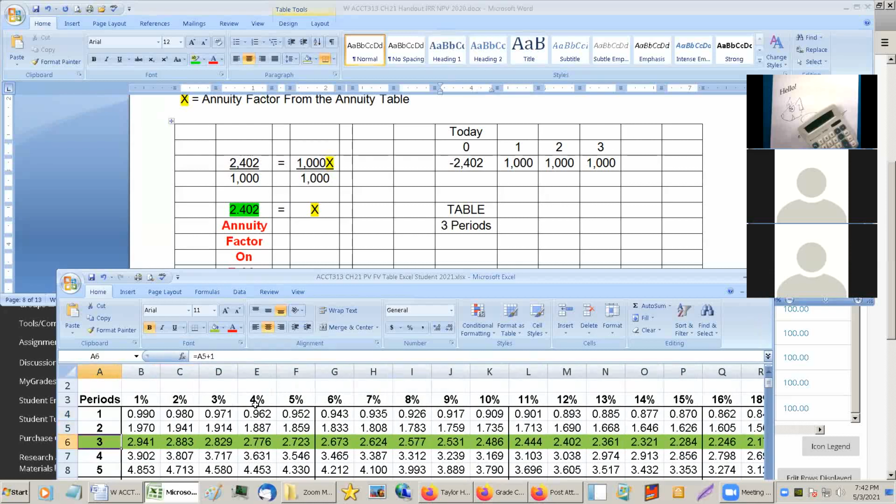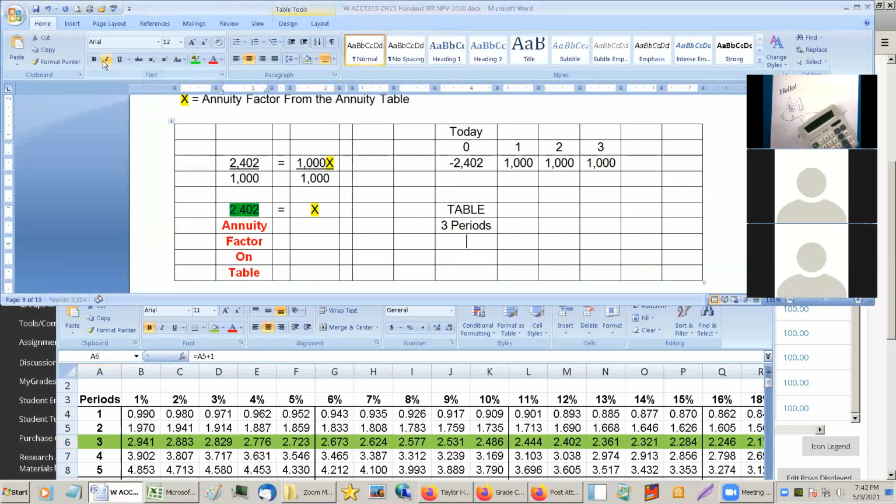So what we're going to do is go across until we find something that is close to that. So we're at 3 periods. We're looking for something close to 2.402.